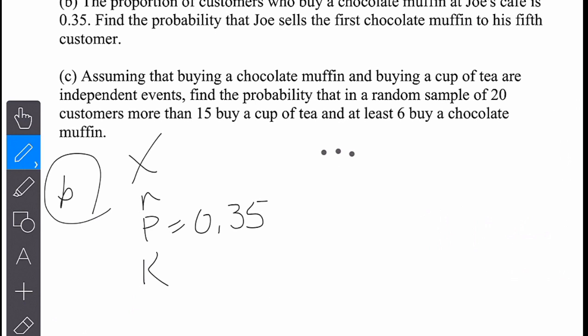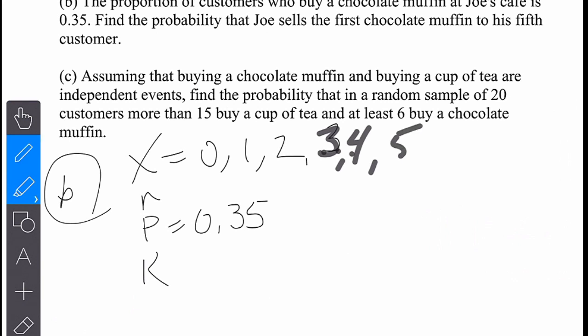So X is going to be equal to 0, 1, 2, 3, 4, 5, 6.